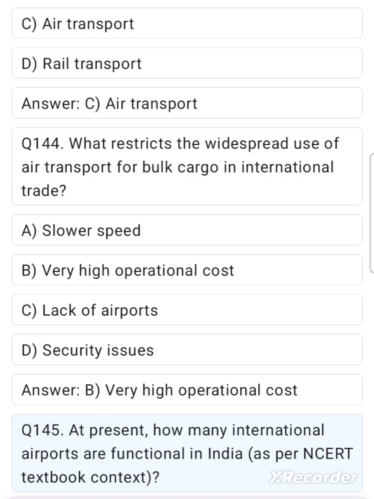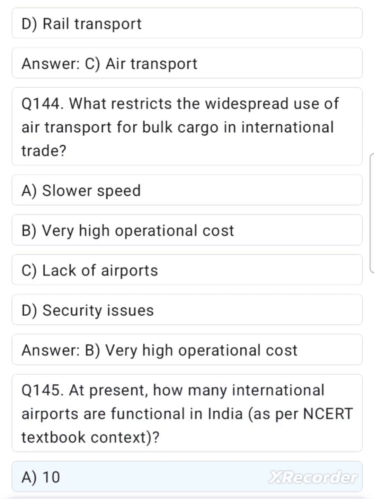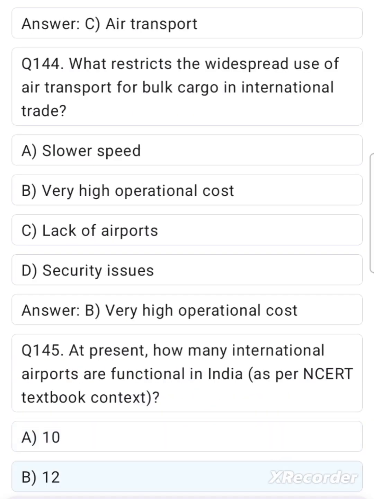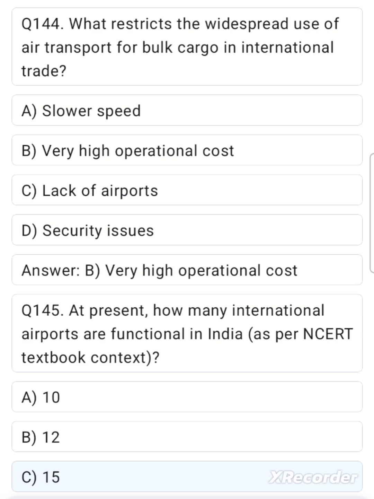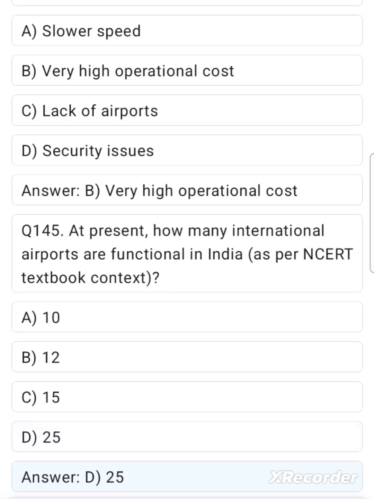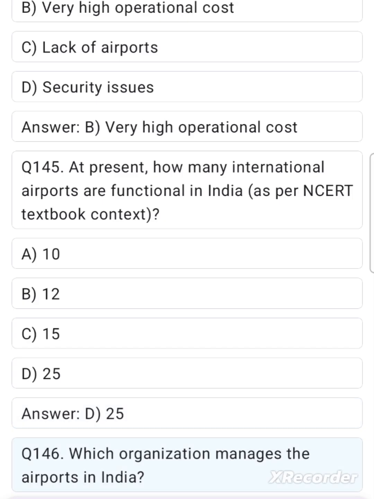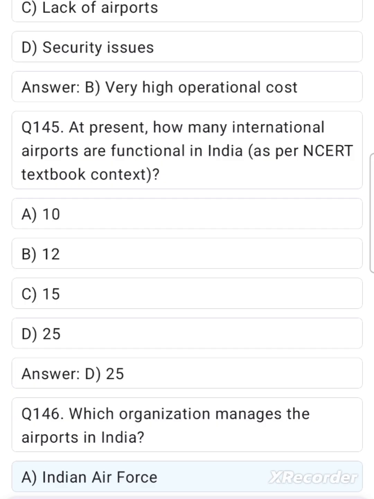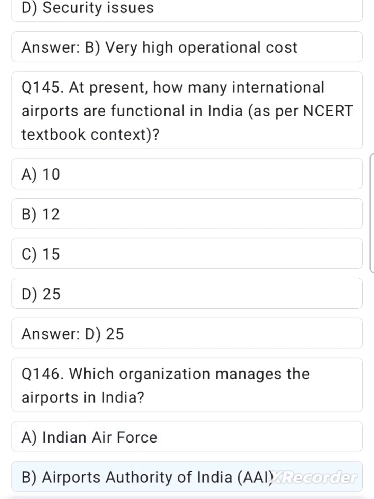Q145. At present, how many international airports are functional in India, as per NCERT textbook context? A. 10. B. 12. C. 15. D. 25. Answer: D. 25. Q146. Which organization manages the airports in India? A. Indian Air Force. B. Airports Authority of India, AAI.